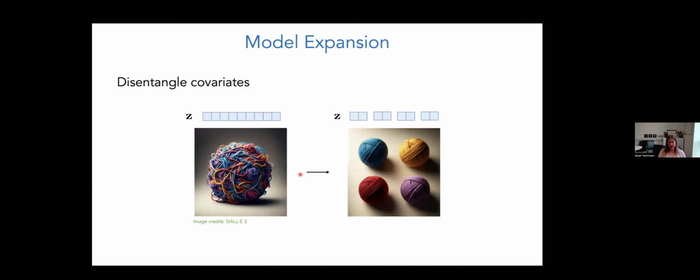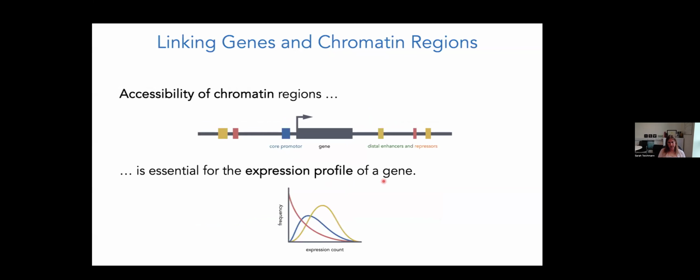Multi-covariates means things like age and disease status, for instance, could be covariates. Batches could be covariates. So you can basically model them explicitly and then separate that type of information in a process called disentanglement.